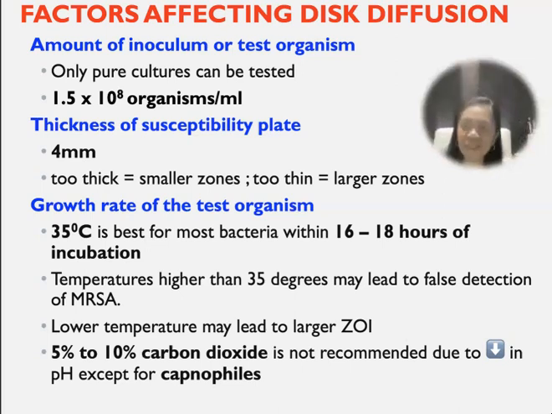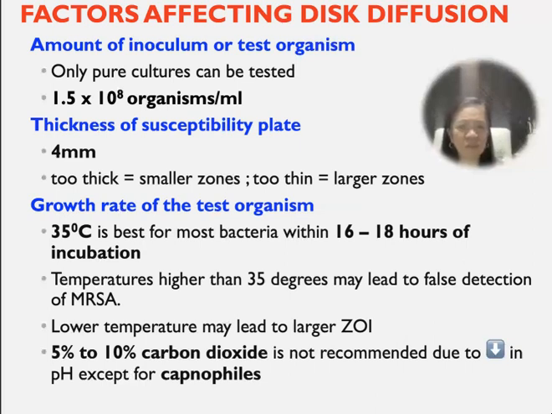Secondly, aside from the Mueller-Hinton, the agar thickness should be 4 mm. Not too thin, not too thick. If too thin, you'll get larger zones, and that would mean false sensitivity or false susceptibility. If too thick, that would make your zones very small.